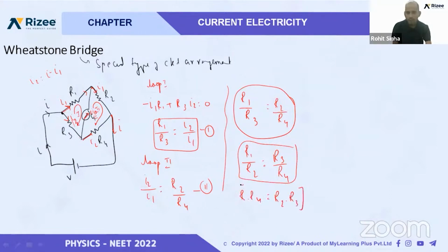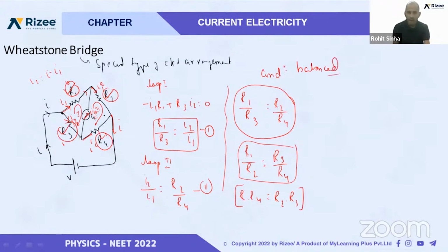These three forms we can write from the KVL equations. You can see here, the ratio of these two is equal to the ratio of these two, or the diagonal product of these two is equal to the product of these two. It is a condition for balance. Why are we saying balanced?